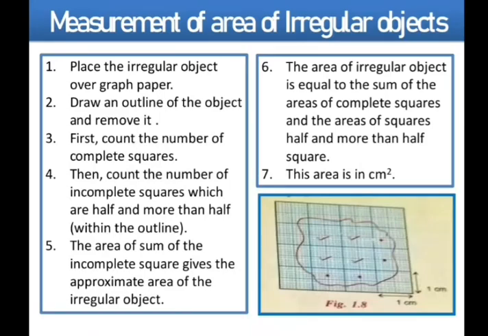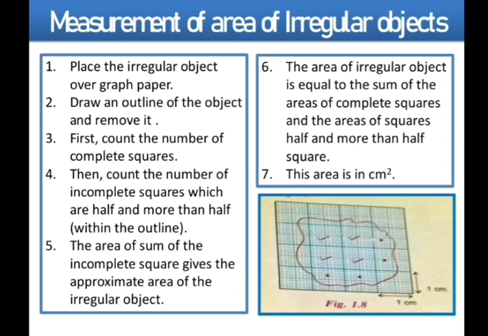There are some thick lines also, and the spacing between these thick lines is 1 centimeter, and the big square which is seen here is of 1 square centimeter, and a small square is of 1 square millimeter.